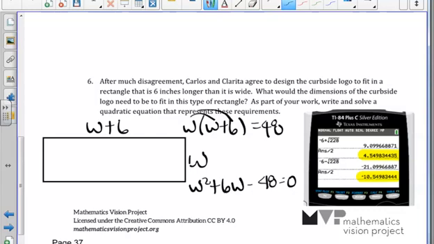However, in this equation, we cannot factor it, as there are no two factors that multiply to -48 that add to 6. Our only option in this one is to use the quadratic formula.